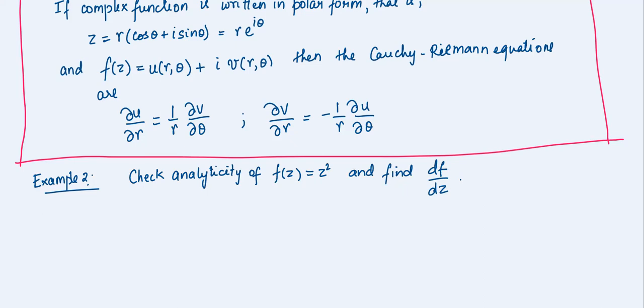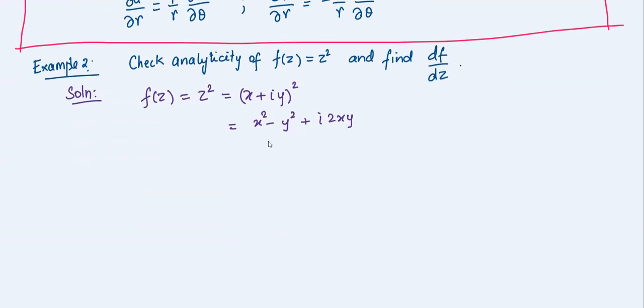So if we found for z cube, this is much easier. So f of z is z square, which is x plus iy the whole square. And this becomes x square minus y square plus i times 2xy. So this is u and this is v.